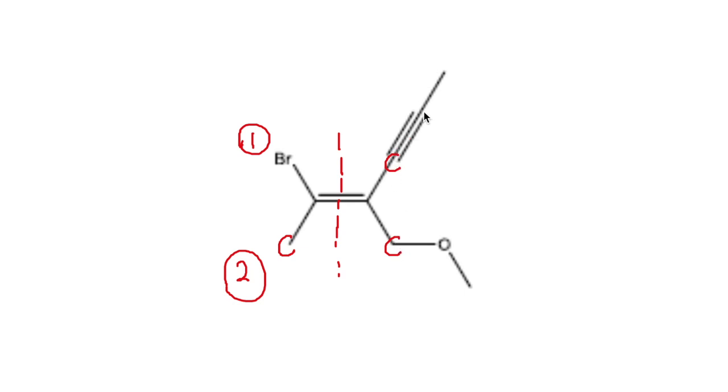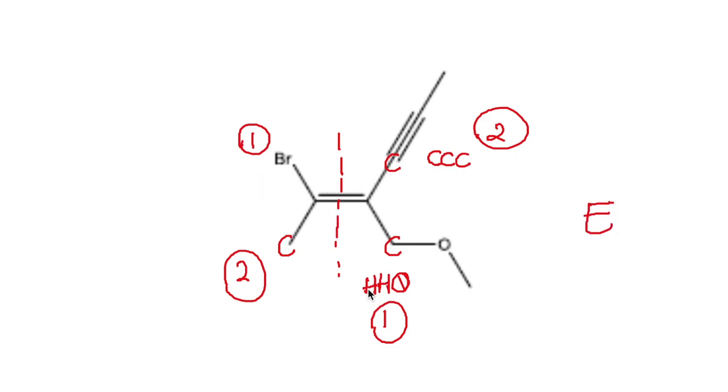The top one is a triple bond, which means that it's connected to 3 carbons. 1, 2, 3. Each of the CC bonds counts as 1 carbon. And at the bottom, we have carbon that is connected to H, H, right? 1, 2, plus O. Because O is heavier than C, O will get the priority, so this will be my 1 and this will be my 2, making this molecule an E molecule because the 1s are on opposite sides.